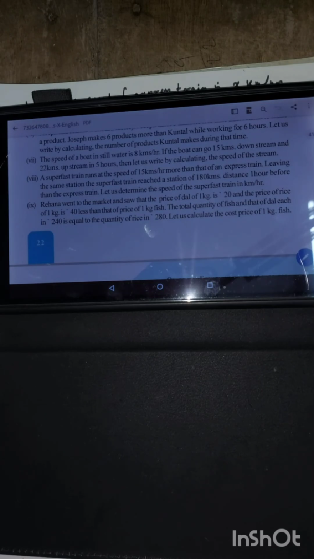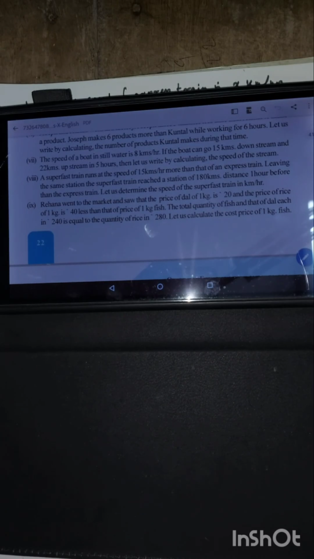Question number 9 says, Roman 9. Rehana went to the market and saw that the price of dal of 1 kg is rupees 20 and the price of rice of 1 kg is rupees 40, less than that of the price of 1 kg fish.